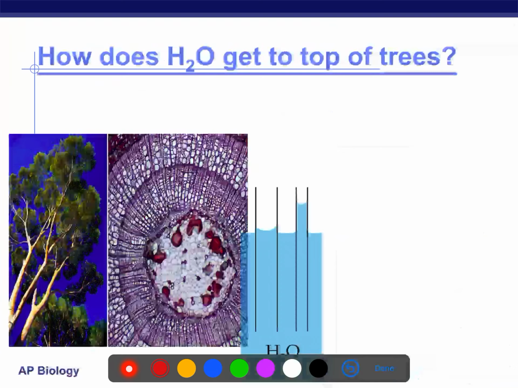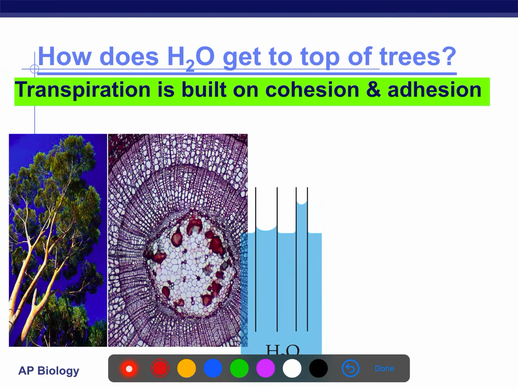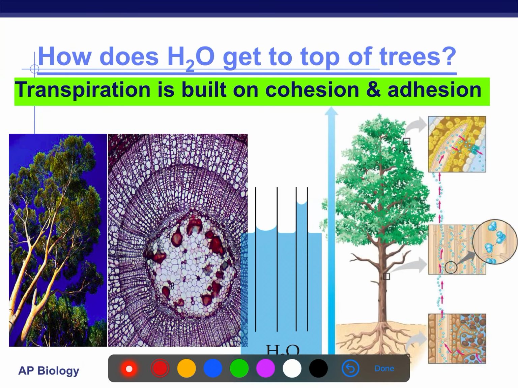Biologically speaking, or in terms of life, the most important way that we see adhesion and cohesion is through transpiration. Transpiration is the evaporation of water from a tree or a plant, or anything like that. What happens is the roots take up water, the water travels up the stem or trunk of a plant, and it comes out through the leaves, through evaporation.